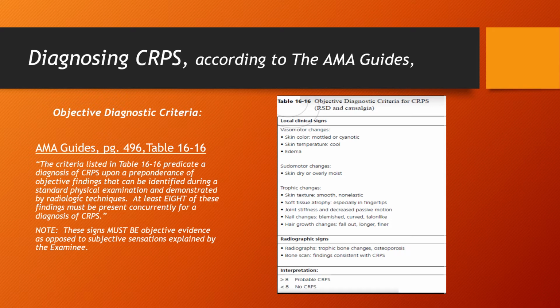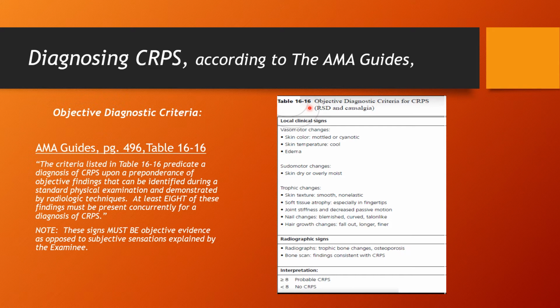So let's review this. On page 496, they indicate that the criteria listed in this table, as you see here, table 16-16, predicate a diagnosis of CRPS upon a preponderance of objective findings that can be identified during a standard physical examination and demonstrated by radiographic techniques.